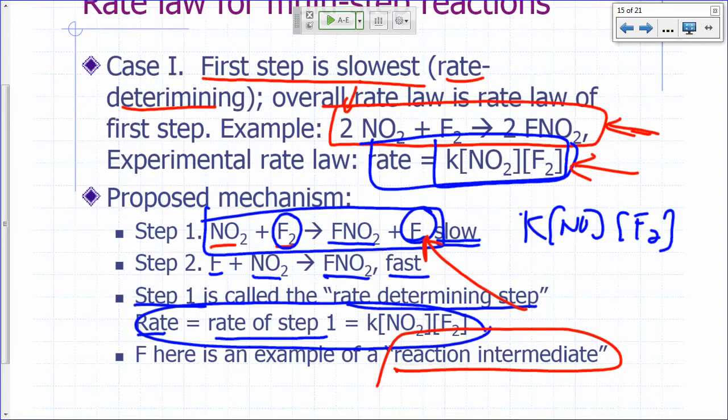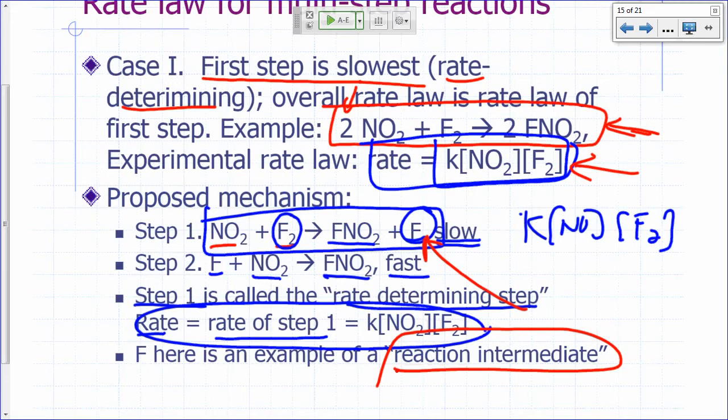Okay, so let me give you an analogy for this to make it easier to remember. Let's say the rate at which you produce a hamburger. Okay, so your first step is you put your patty on the grill. Takes a long time to cook that, right? Your second step is you put the patty between a pair of slices of bread, inside your bun.